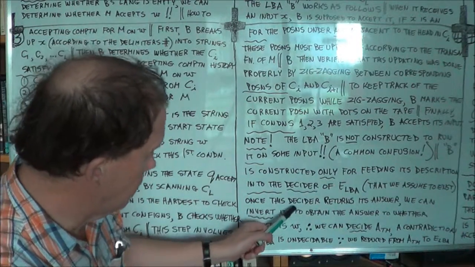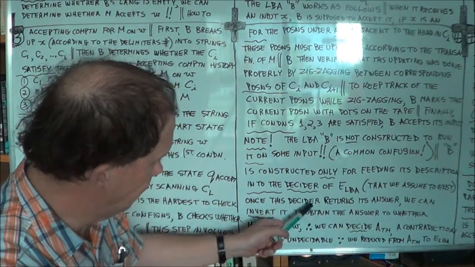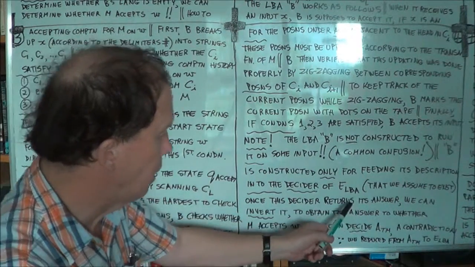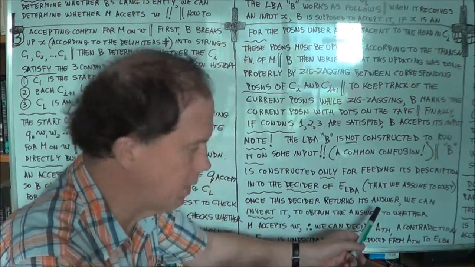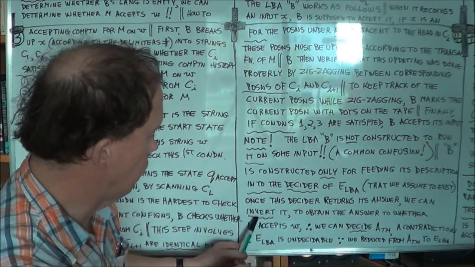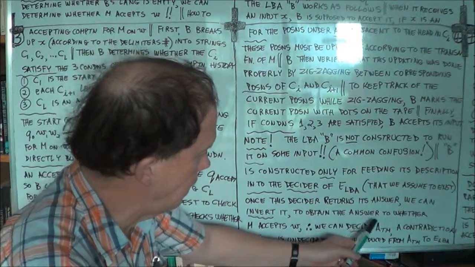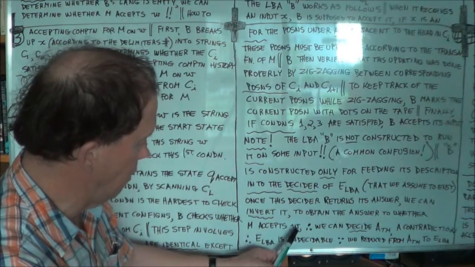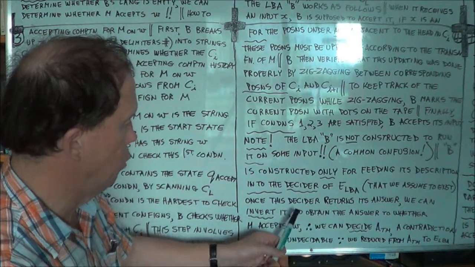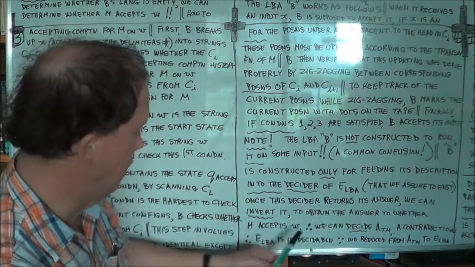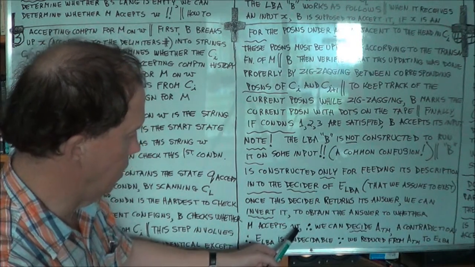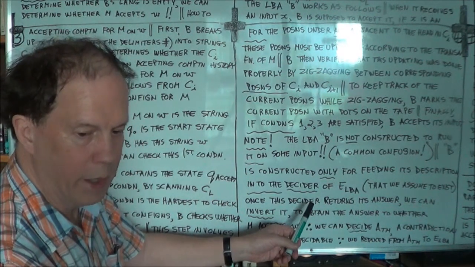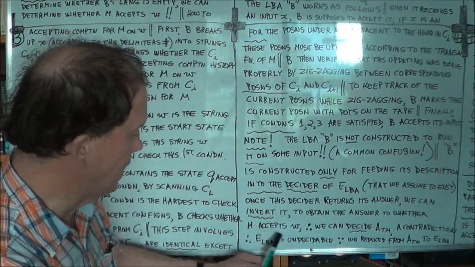Once this decider, in other words the Turing machine that decides ELBA, gives its answer, accept or reject, we just do the reverse to get the answer that M would give. If the Turing machine for ELBA accepts, M will reject W. If it rejects, then M will accept.